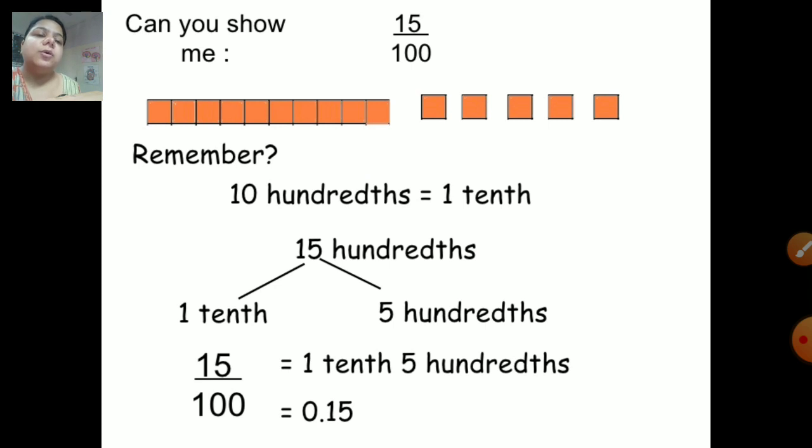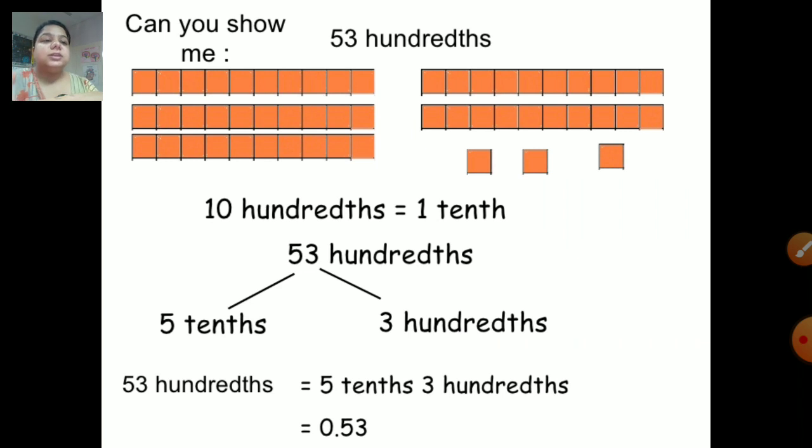So this will become 1 tenth and 5 hundredths. This can be written in decimals as 0.15. 1 tenth was there, so at the tenths place I have written 1, and at the hundredths place we have written 5 here.